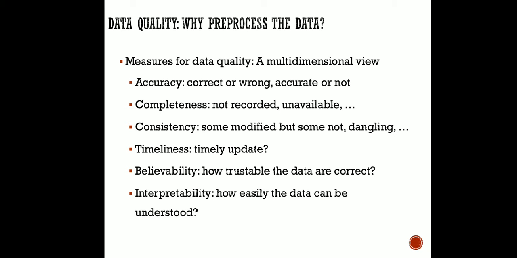Completeness. Completeness means there may be some data which is incomplete. Say I have got one table from a relational database somewhere, and in some of the details the address of the customers is not available.